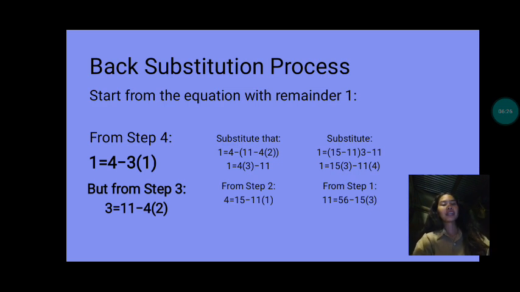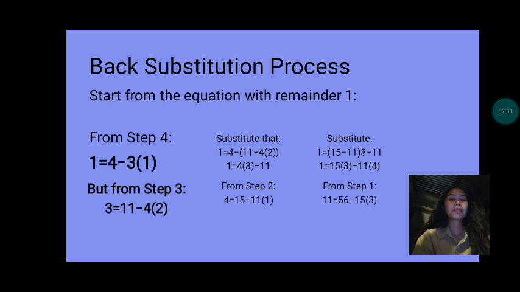We replace 4 using step number 2, which is 4 is equal to 15 minus 11 times 1. Substituting, we have 1 is equal to (15 minus 11) times 3 minus 11, which becomes 1 is equal to 15 times 3 minus 11 times 4.